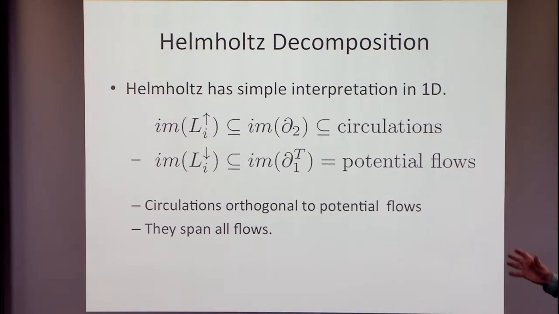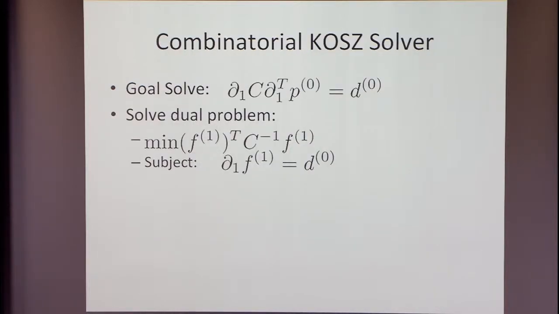So the set of all flows can be written uniquely as a potential flow and a circulation, a fact that gets used but that we don't usually prove directly. That's what makes this all work: we're decomposing these flows into two kinds.